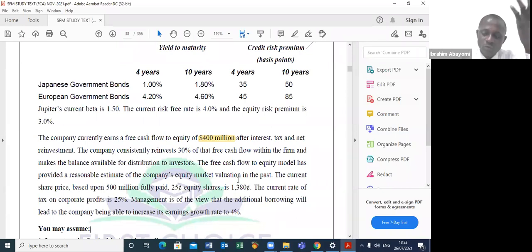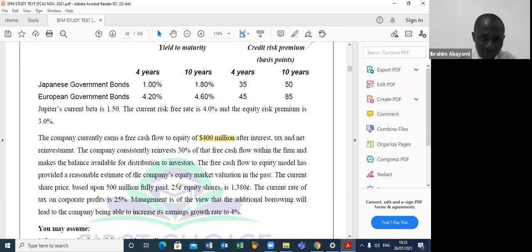Now, in this question I'm given free cash flow, I want to know whether my free cash flow is growing or constant. Now look at this information. Already, we do not have a series of free cash flow here, so the issue of historical free cash flow does not arise. So the only one we can test now is Gordon.